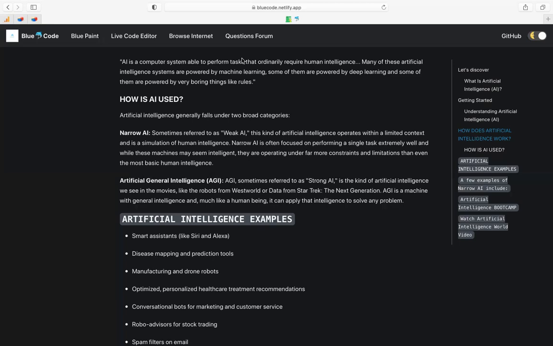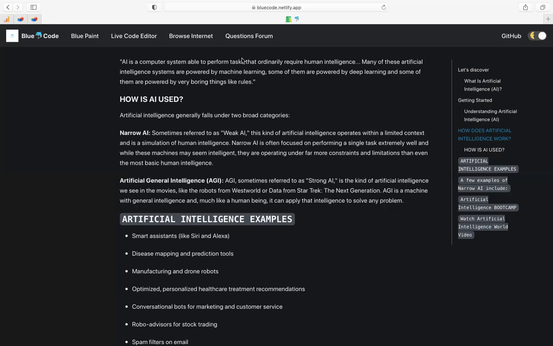Now, when we talk about general artificial intelligence, this is sometimes referred to as strong AI. It's the kind of artificial intelligence we actually see in movies, this super intelligence. For example, you see a robot running, communicating, transmitting data, doing household work.